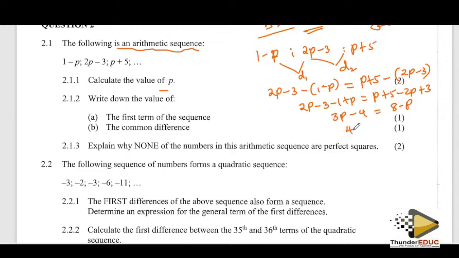So I have 4P is equal to 12. Then divide both sides by 4. So which means P is 3. P is 3. I don't know, let's try to substitute and see if we're going to get it. So the first term is going to be negative 2.